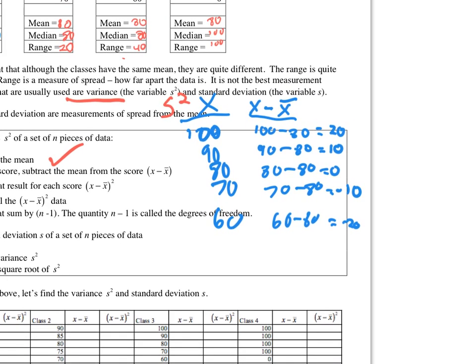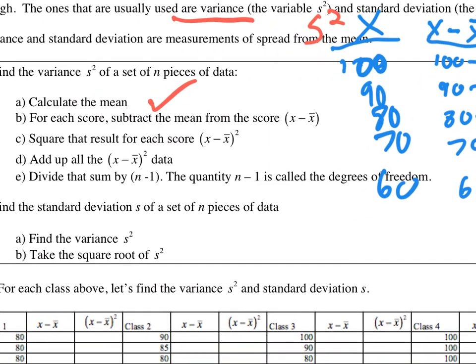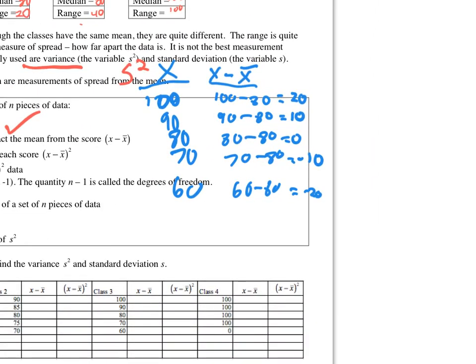Got that? The next step, I'll read it with you. It says, square the result for each of those values. So the next column is x minus x bar, all squared. I'm going to have to square every one of those numbers, and I hope some of you can do that without the calculator. What is 20 squared? 400.